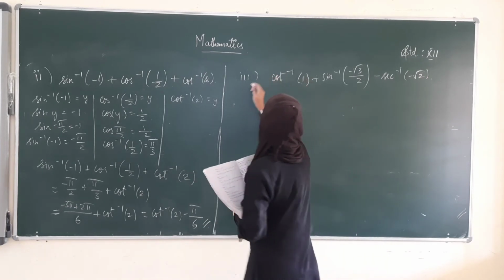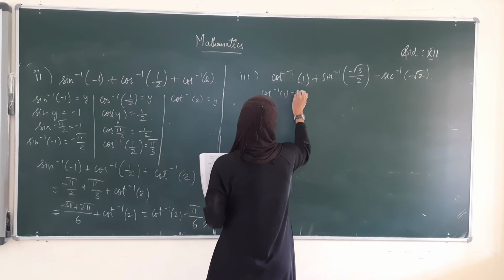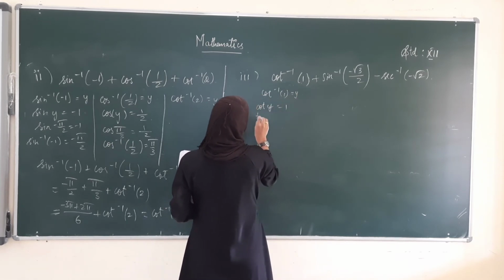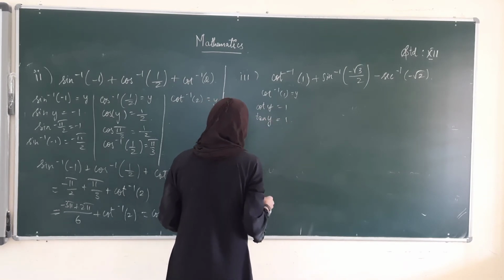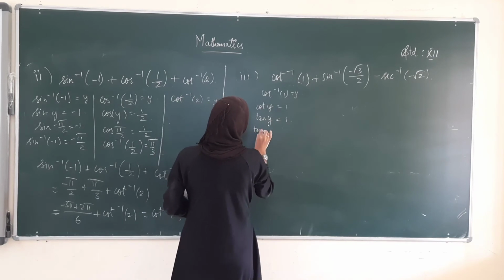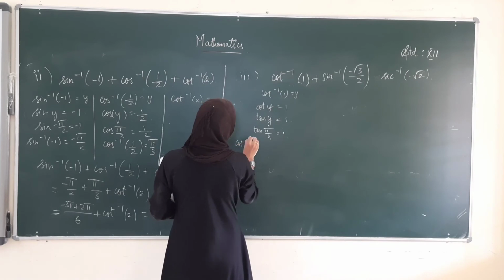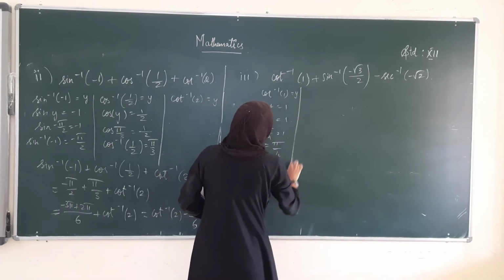Okay. First let us take this. Cot inverse of 1 is equal to y, then cot y is equal to 1, then take the reciprocal, tan y is equal to 1. For which value of y do we get tan y equal to 1, that is pi by 4. Tan pi by 4 is equal to 1. Therefore, cot inverse of 1 is equal to pi by 4. Okay, let this be as it is.